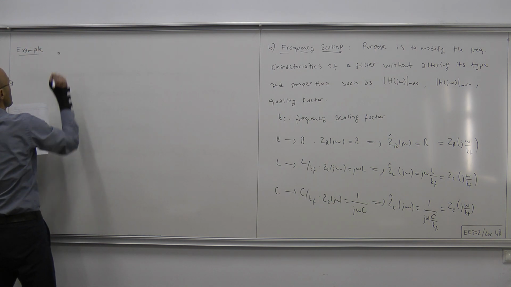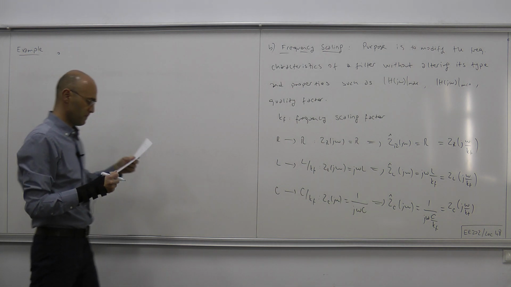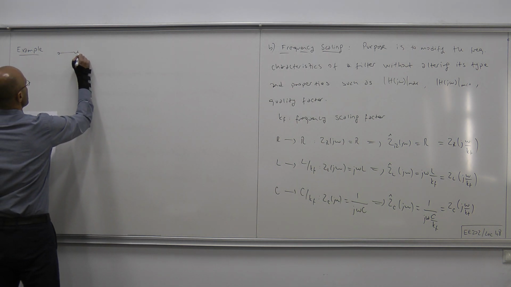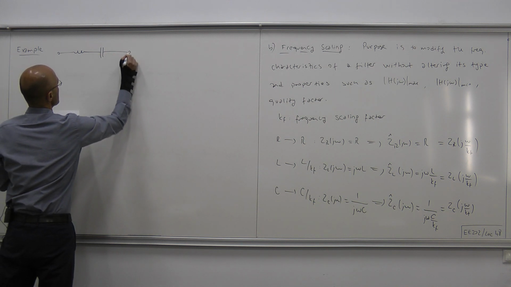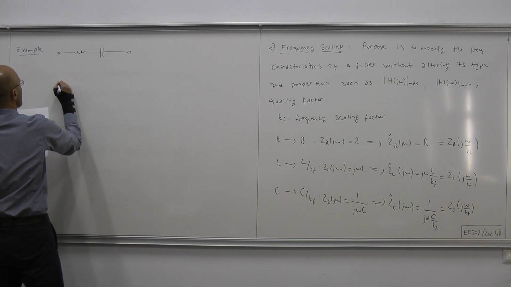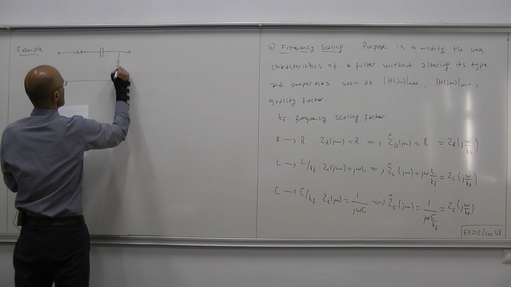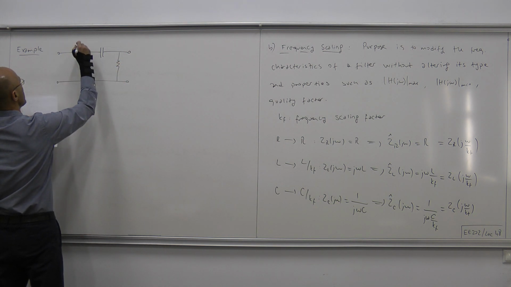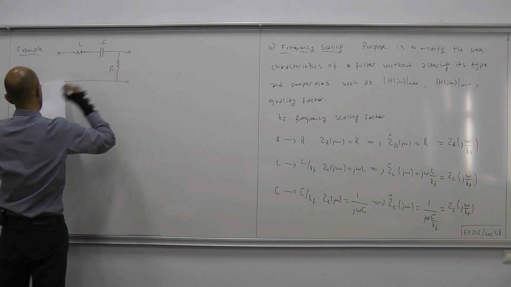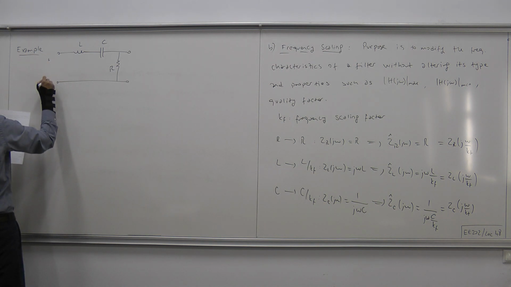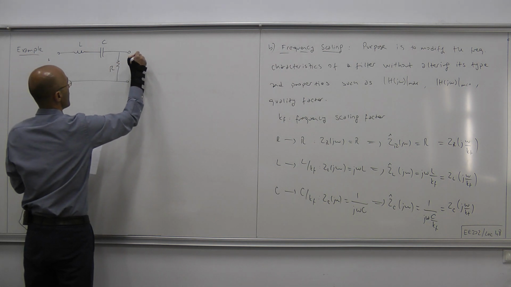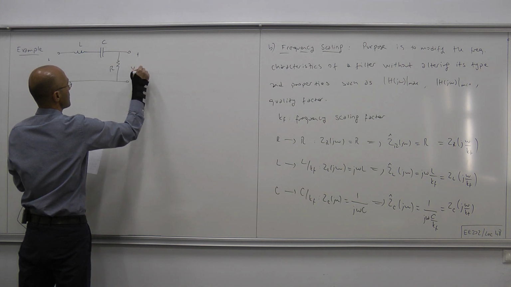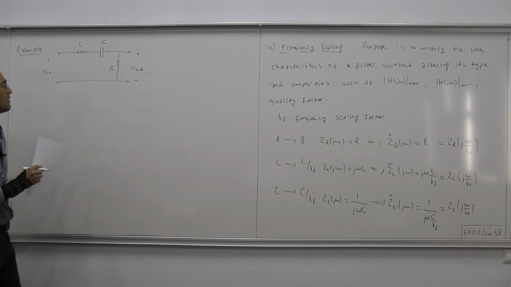Okay, consider the following bandpass filter. An L, C, R in series with plus minus V in, and this is where we collect the output, V out.